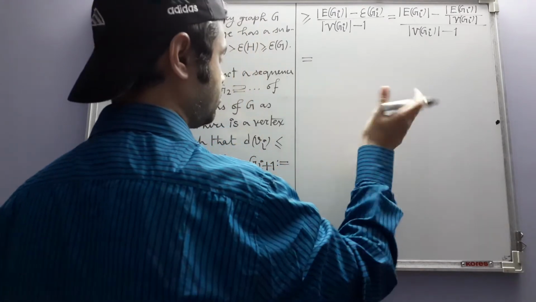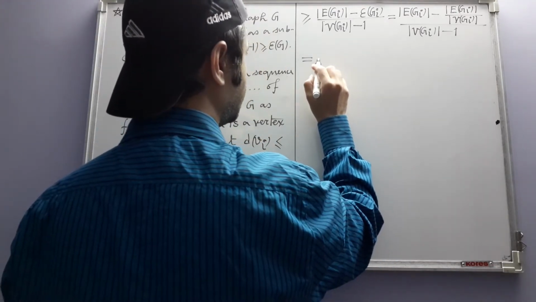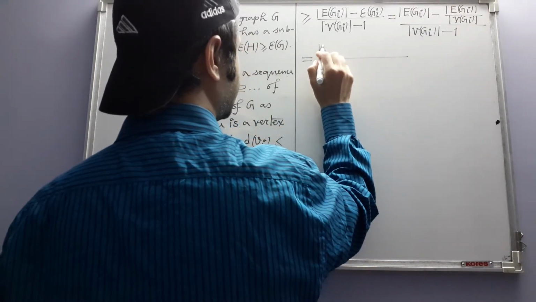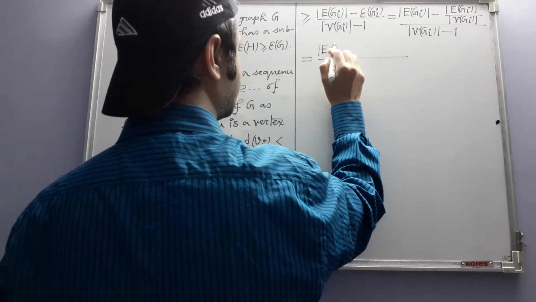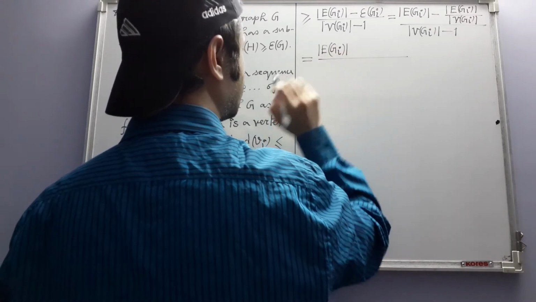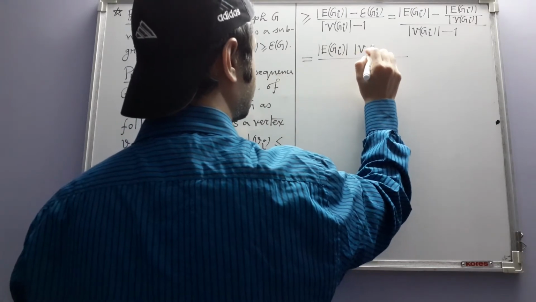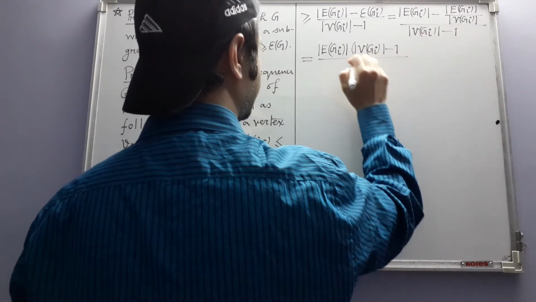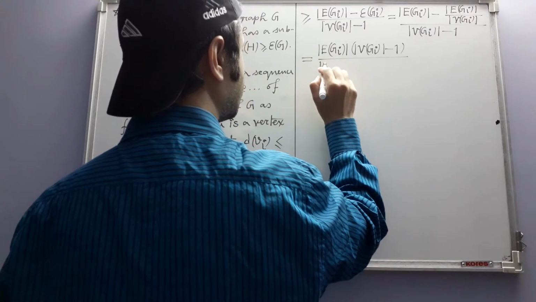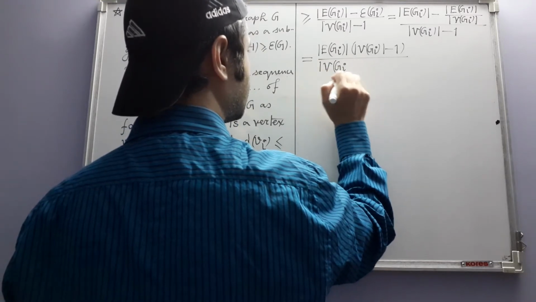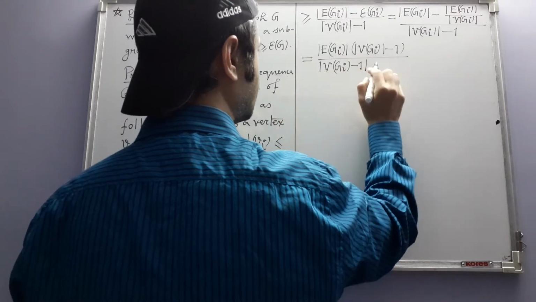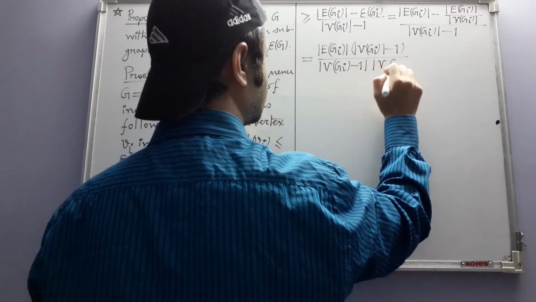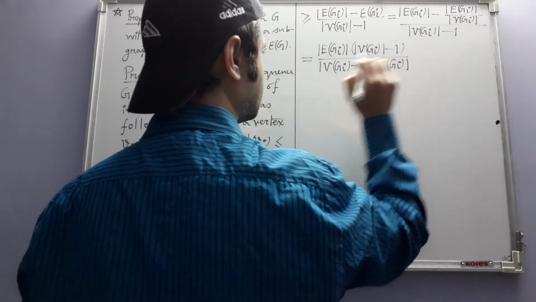If we simplify the expression, we ultimately get the number of edges can be taken common out, minus 1 after taking LCM and doing all those things, divided by the number of vertices of Gi.